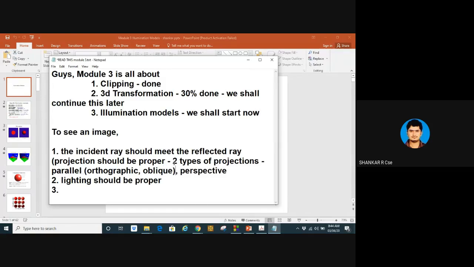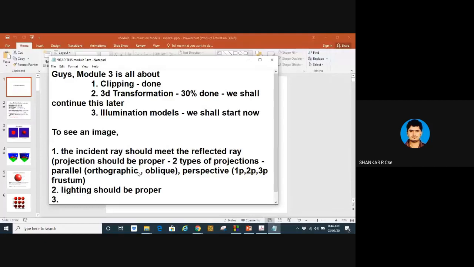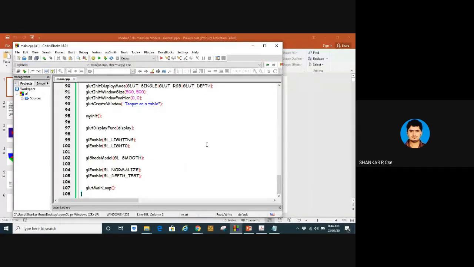In perspective, we have 1 point, 2 point, 3 point, frustum, many things. By default, parallel projection and orthographic projection gets applied. That is the reason, even though you don't write this, you will get it.